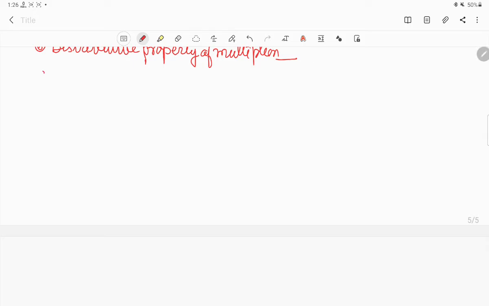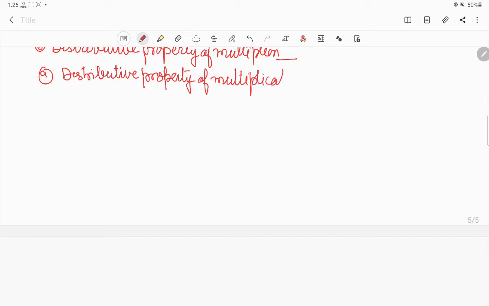First, part A of this property, distributive property of multiplication over addition.